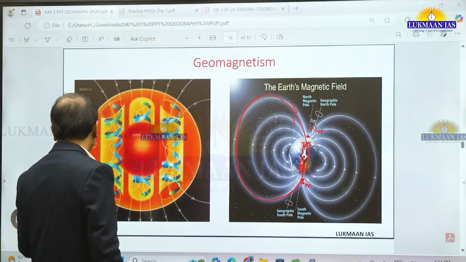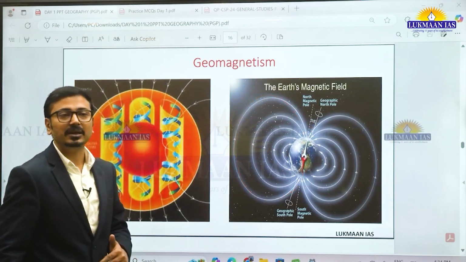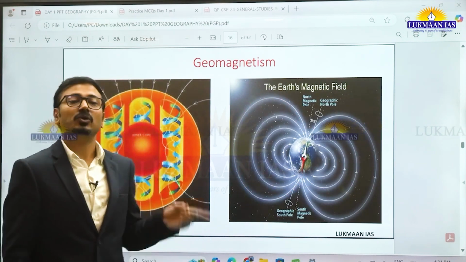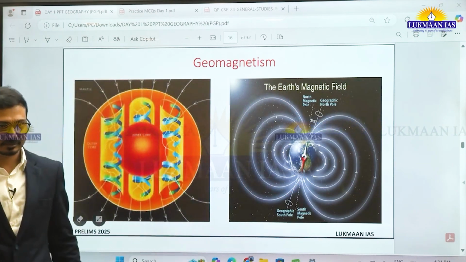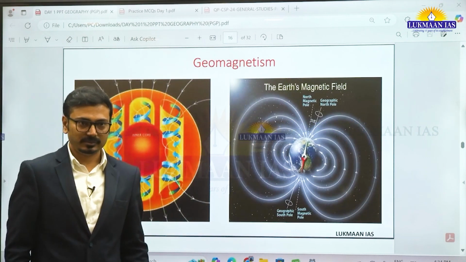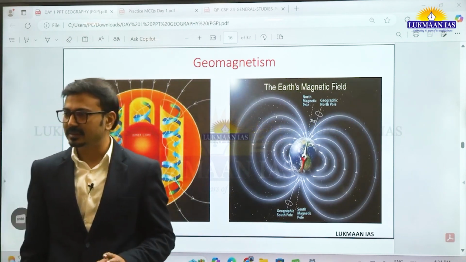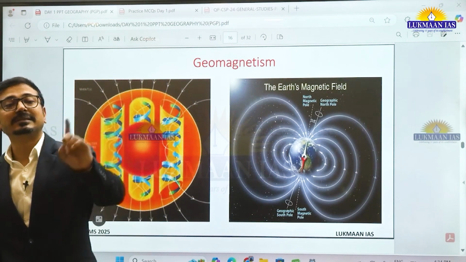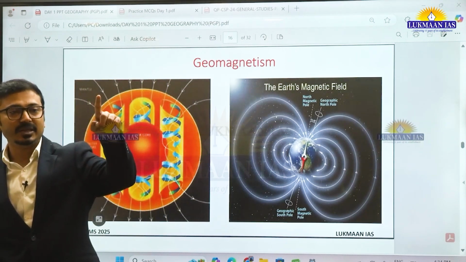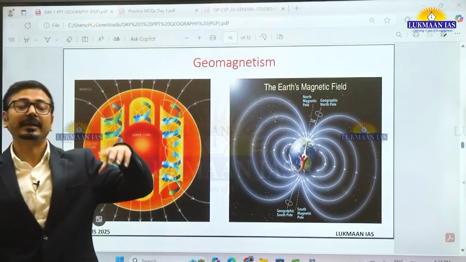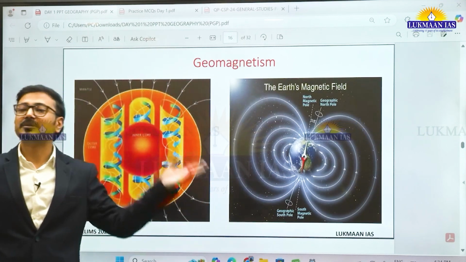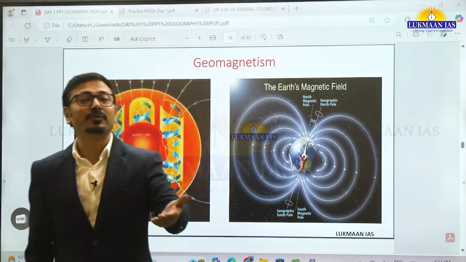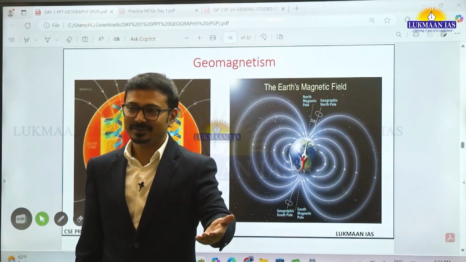Rather, we can say that north magnetic pole is continuously shifting at present from north of Canada towards Siberia. In the last 200 years, it has considerably shifted from north of Canada towards Siberia, Russia के north में. Okay, and in past also these poles have wandered. Even they have reached near equator in past.